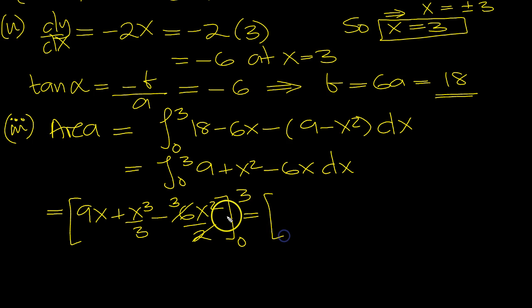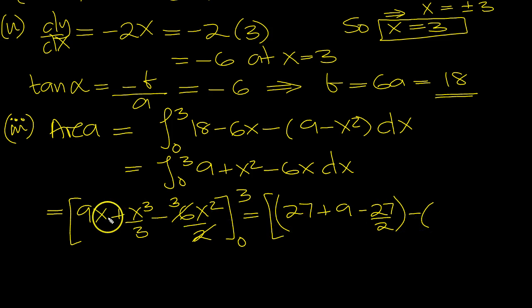So it's equal to then top value, put 3 in, 27 there, plus 27 over 3 is 9. Put 3 in here, we get 27 over 2. That's the top value then. Take away the bottom value, which is 0, and that's all 0. So that's equal to then 27 over 2.